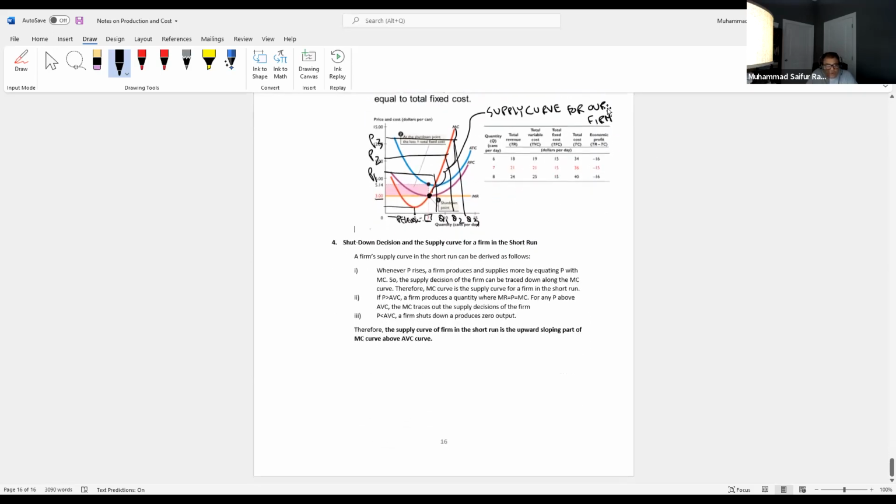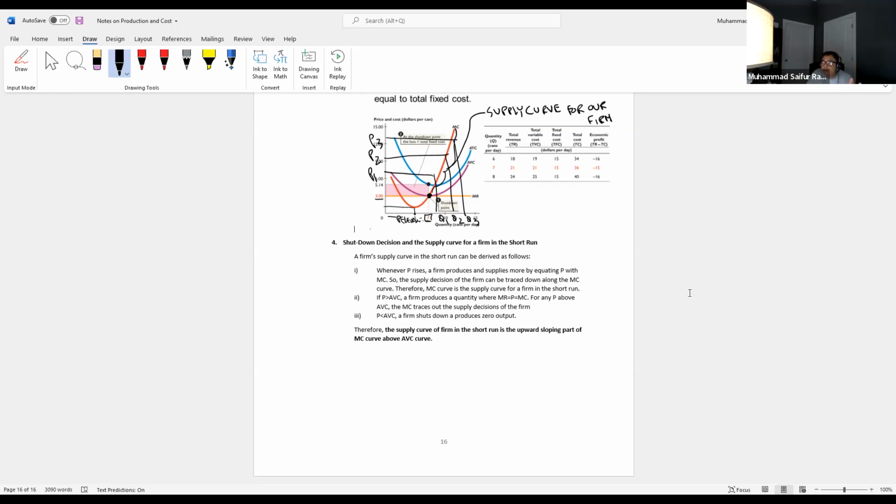So that concludes my discussion about the profit and how we can find the profit maximization condition, how we can find the profit maximizing output level, and then we talked about the possibility of a firm producing in the short run at a loss, which is a unique situation.